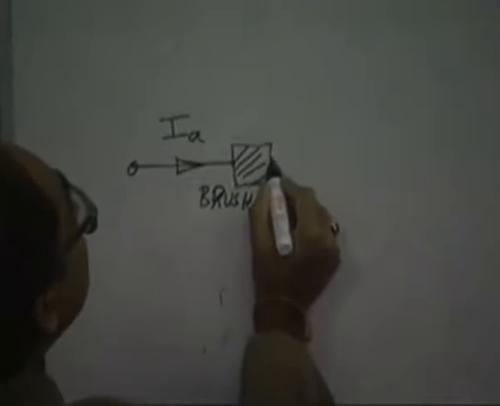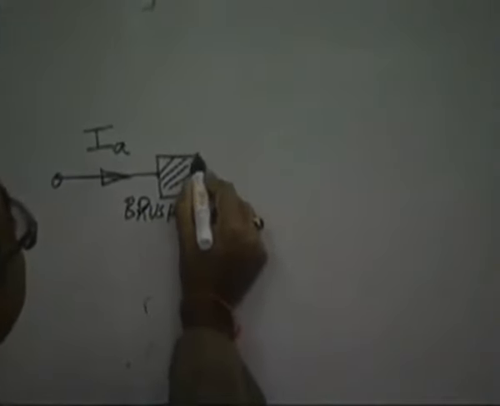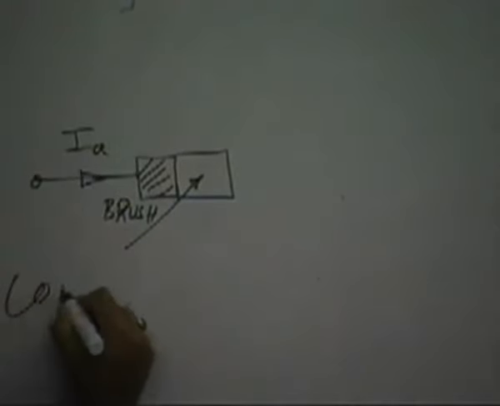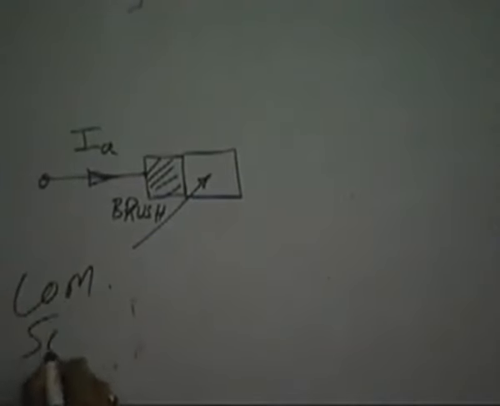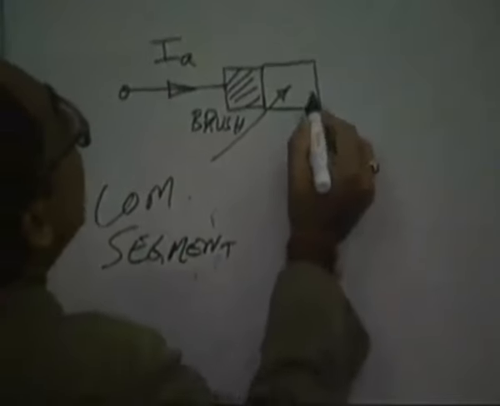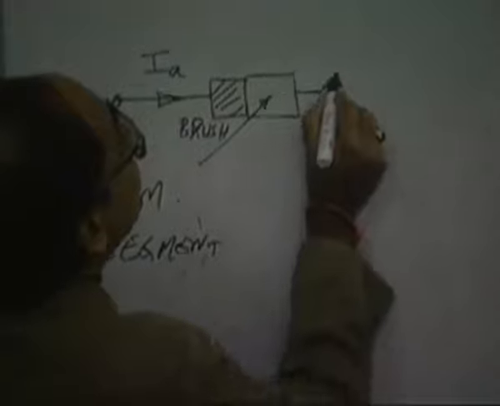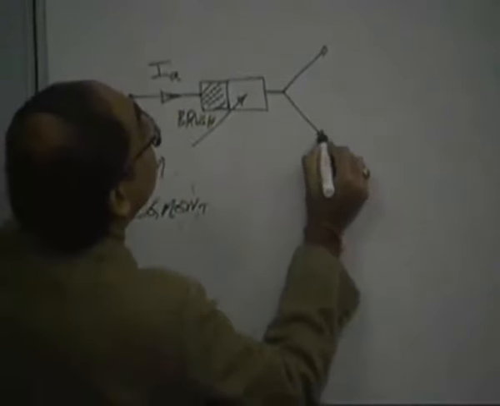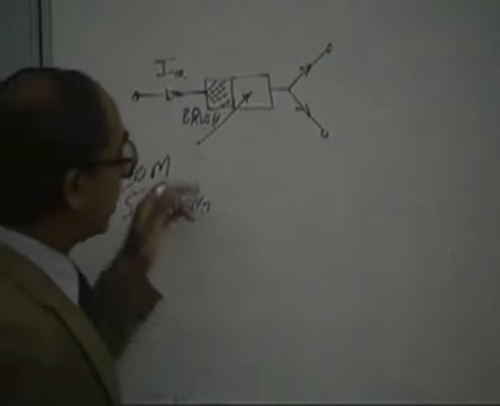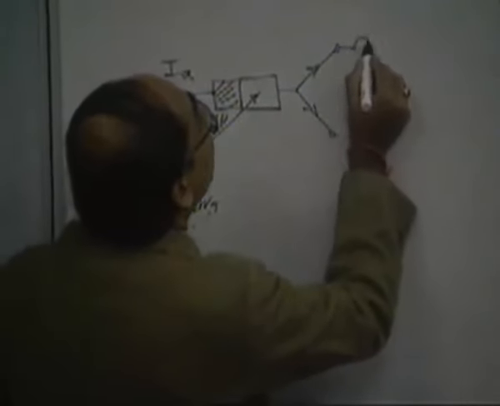Now, this is connected to a commutator segment, some appropriate commutator segment, and through which it is going out in two routes. It will take two routes and there will be a group of coils.